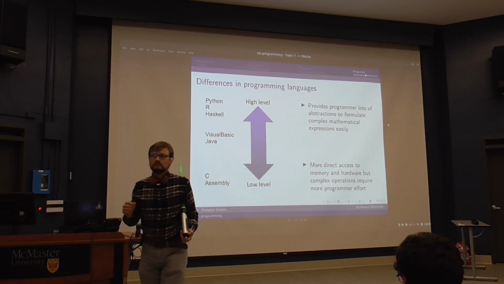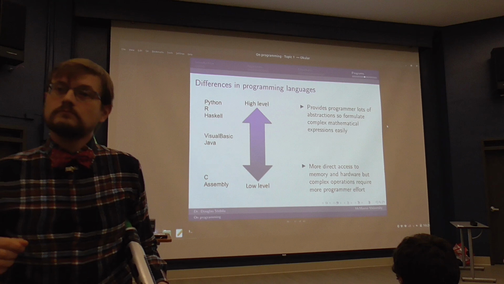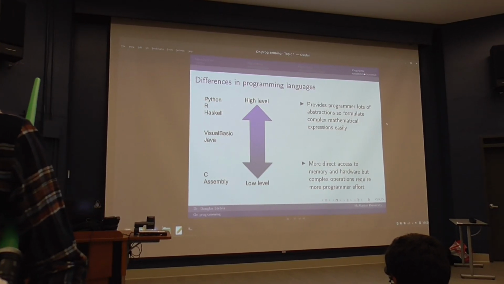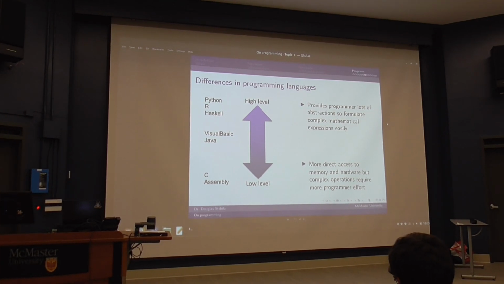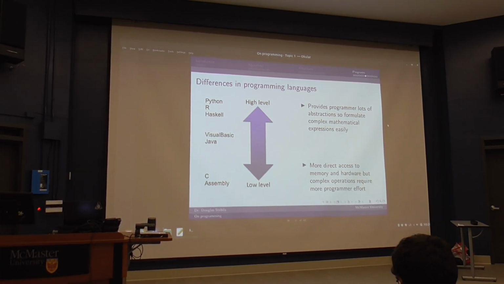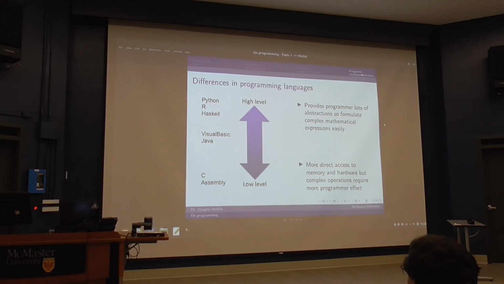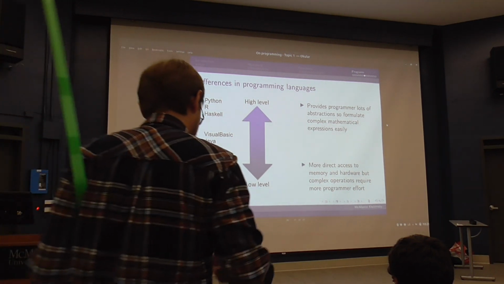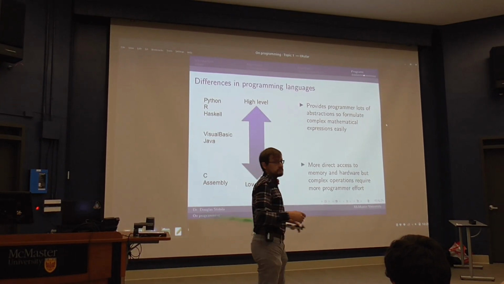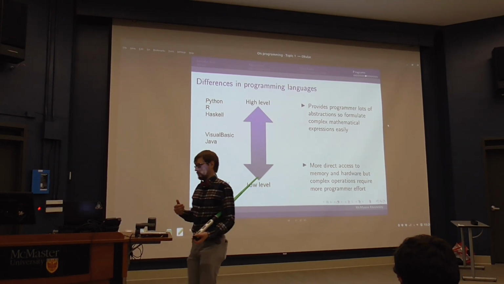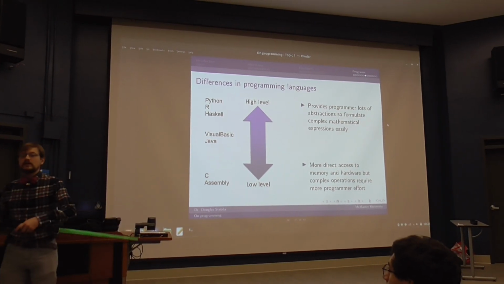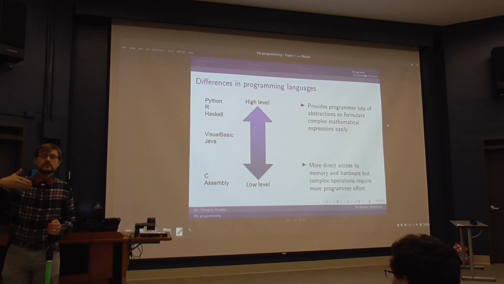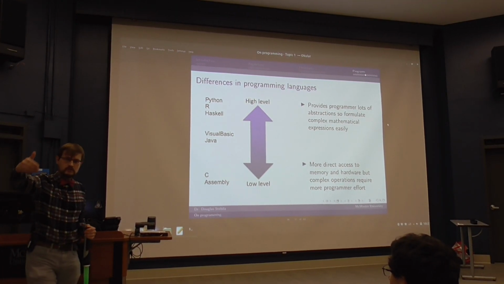Question? So you said that how high level a programming language is depends on the number of assembly instructions, right? Roughly speaking. But I know most programming languages have C functions that you can call anyways. Mm-hmm. Yeah, they integrate C libraries. They can use stuff at an even lower level. Yes, right now I'm not talking about what the programming language is doing under the hood. I'm talking about the language that is presented to the user.